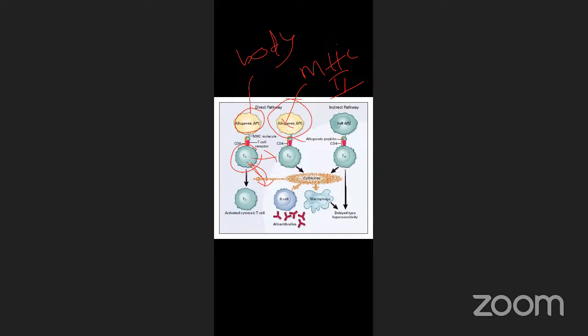And the cells having MHC molecule 2 are the professional antigen presenting cells. The TH cell is attracted towards the cells having MHC molecule 2, goes towards the MHC2 molecules which are having the antigens, and binds with them.